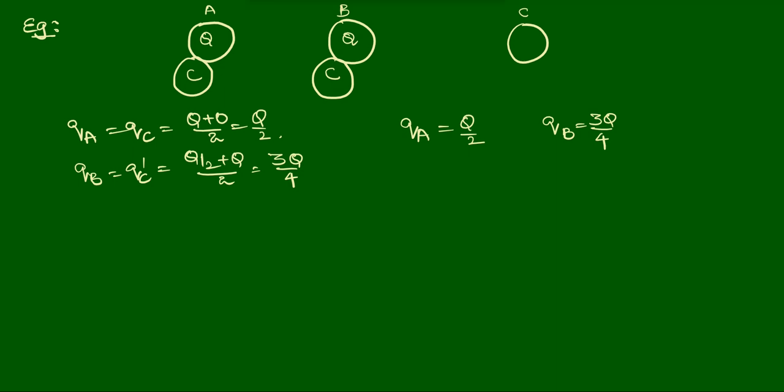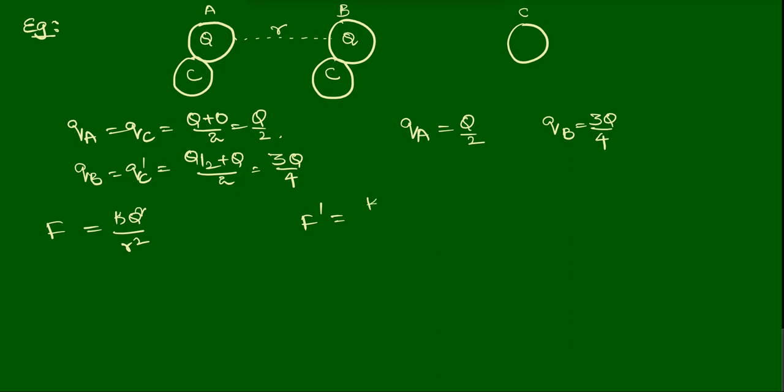Initially both have the same charge, so if the spheres are separated by distance r, the initial force will be simply kQ² by r². They'll ask you to calculate the final force.